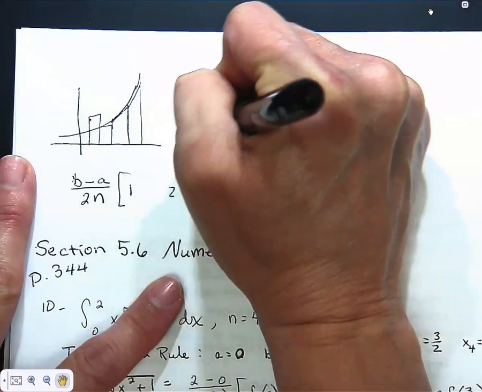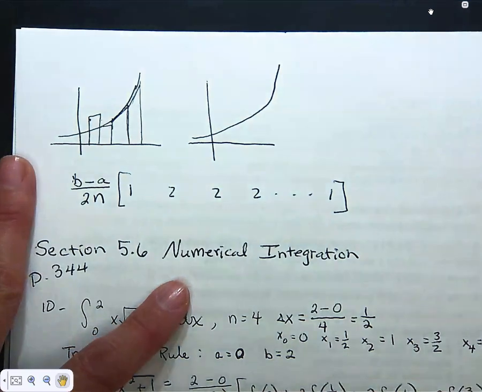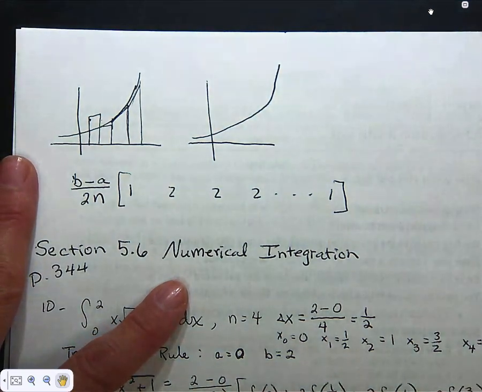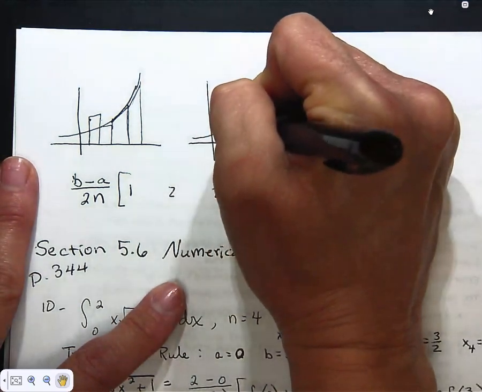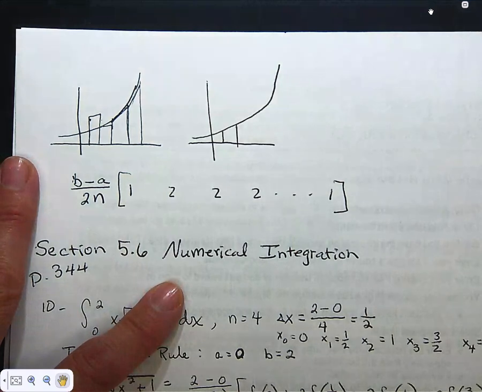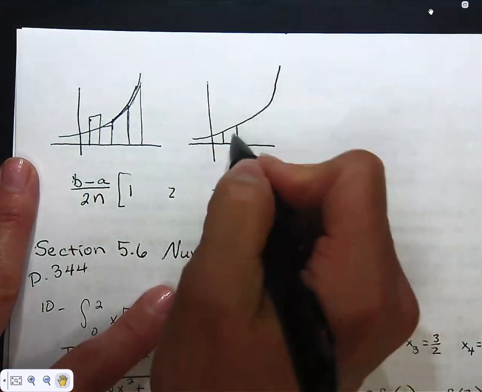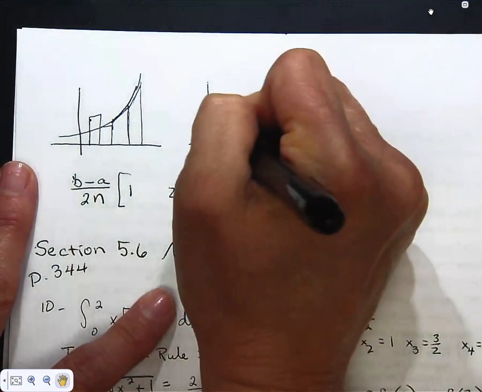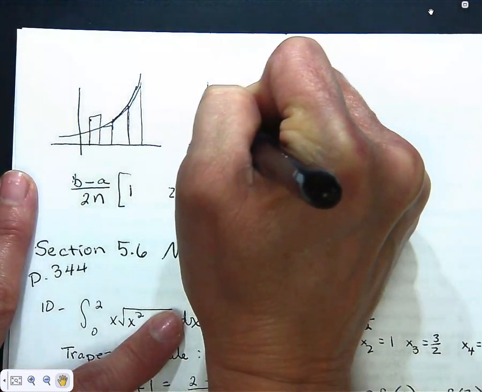Instead of trapezoids or rectangles, what if we used something that still has straight edges there? But instead of connecting these 2 points with a straight line, what if we used a parabola there?